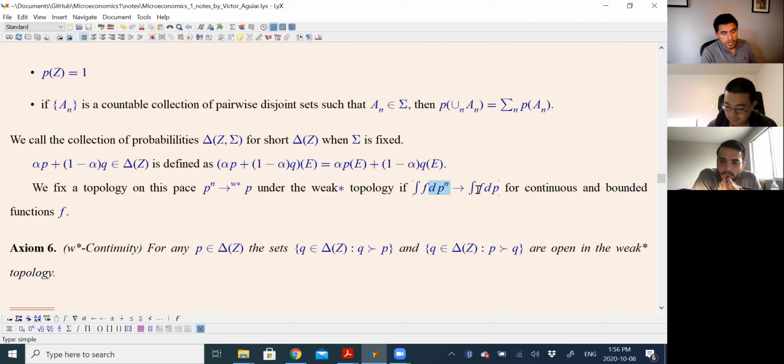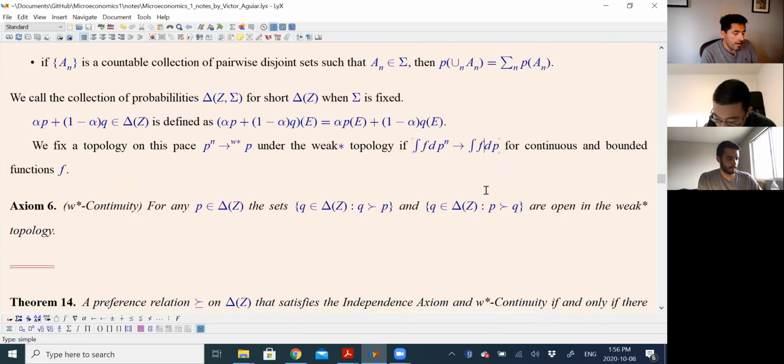It's the same f, so it's a testing function, and I check whether the integral with respect to Pn goes to the value of the integral of f dP. The key is that it's the weak star topology because this converges for every continuous and bounded function f, but it doesn't need to converge for all functions. They have to be continuous and bounded.